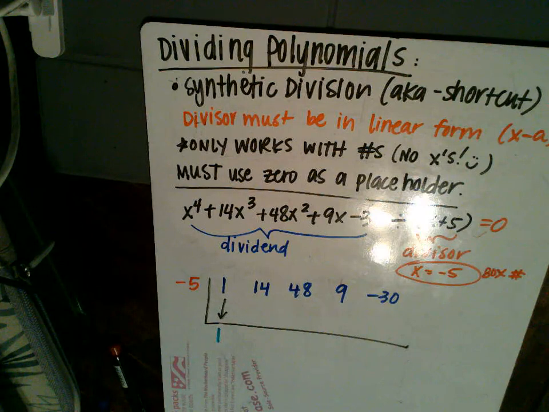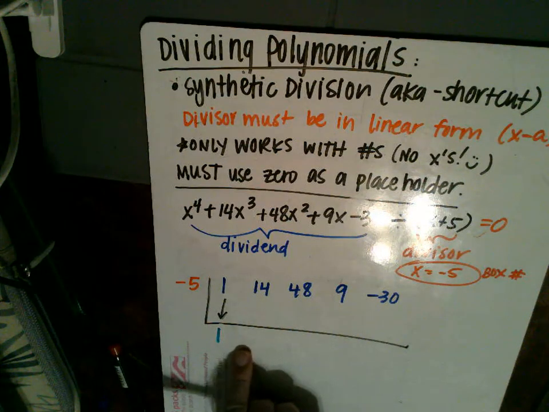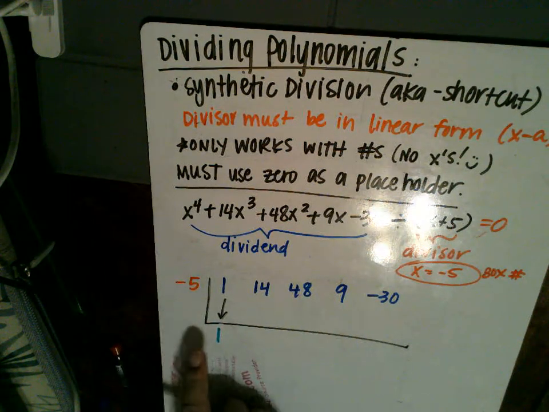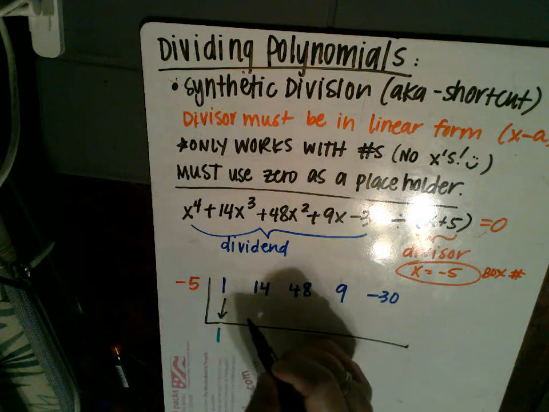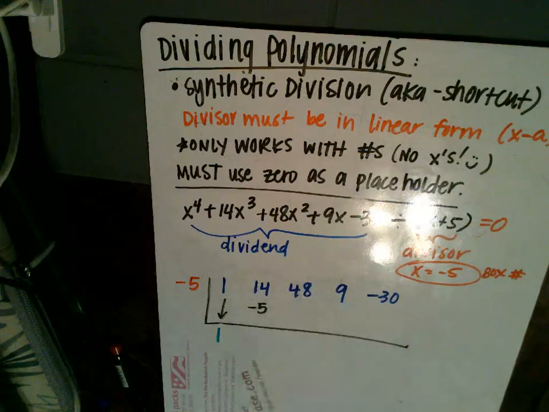Here's what's different and what's so fast and nice about synthetic division. Whatever number appears in this line is going to be multiplied by your box number. So 1 times negative 5 is negative 5. And that's what I write directly in the next spot.